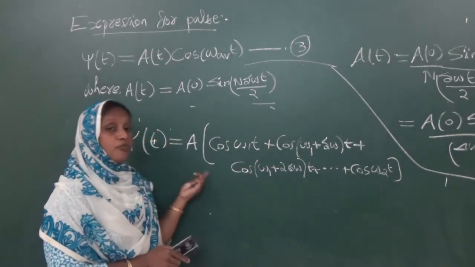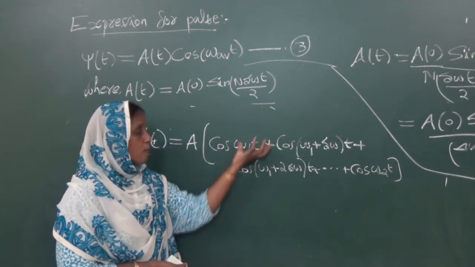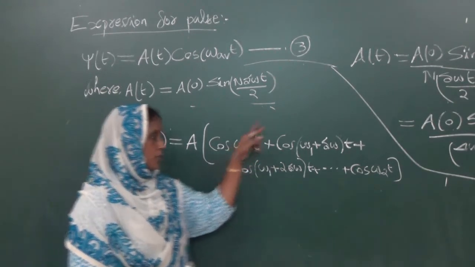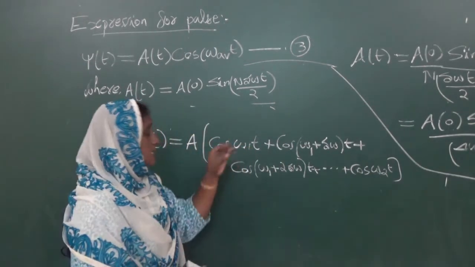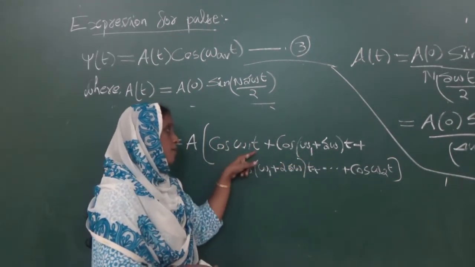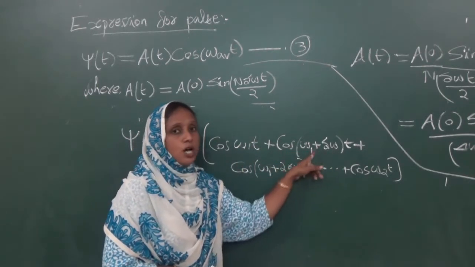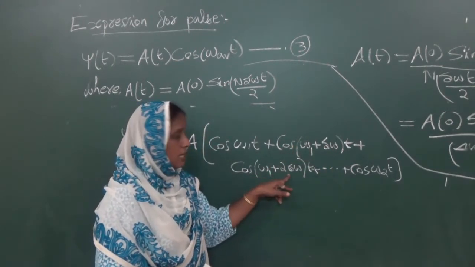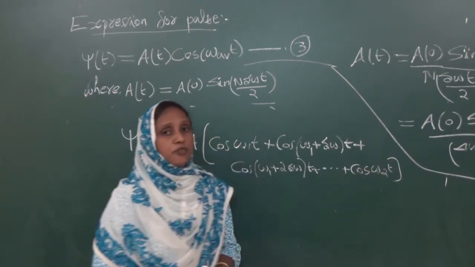This equation is familiar to us from our previous lecture, where we started with the superposition of a number of harmonics, from omega 1 frequency to omega 2 frequency. Each frequency component is separated by a frequency delta omega. So the first harmonic has frequency omega 1, the next harmonic has frequency omega 1 plus delta omega, the next one has frequency omega 1 plus 2 delta omega, up to frequency omega 2.